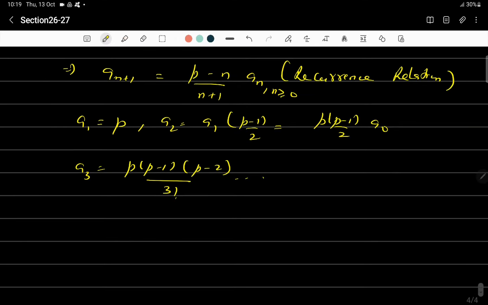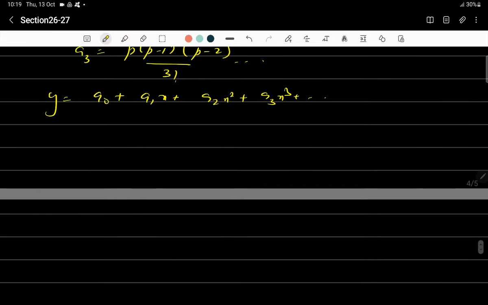It means that if you substitute the values, your solution is y is a naught plus a1x plus a2x square plus a3x cube and so on. This is what we have assumed. So if you substitute the values, then y would be a naught plus a naught px plus a naught p(p minus 1) by 2 factorial and so on.